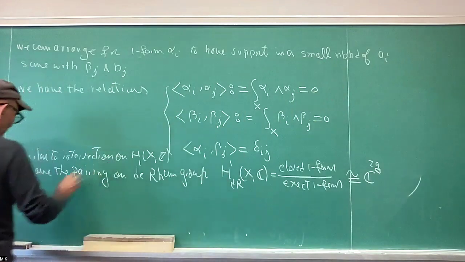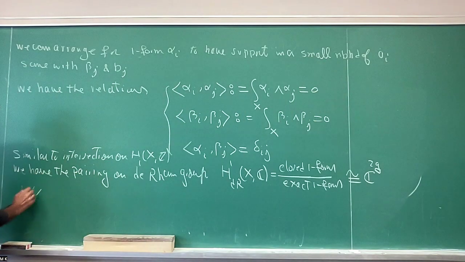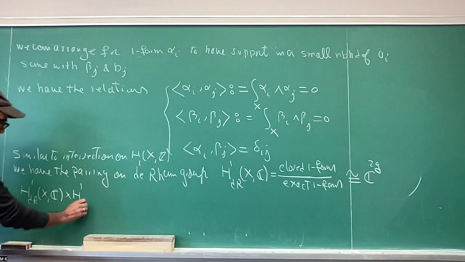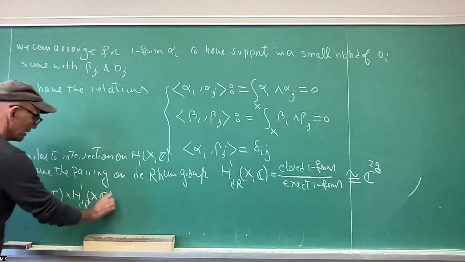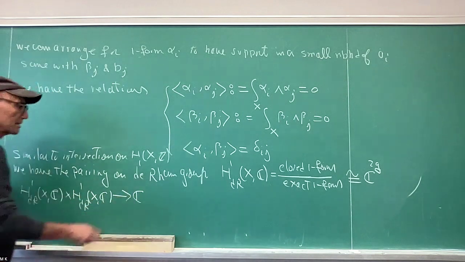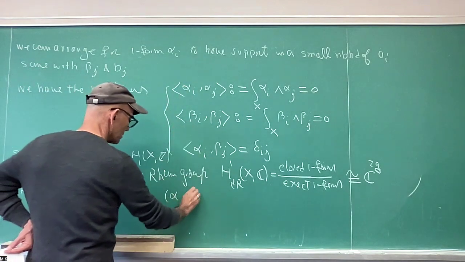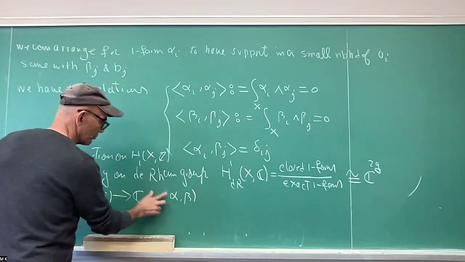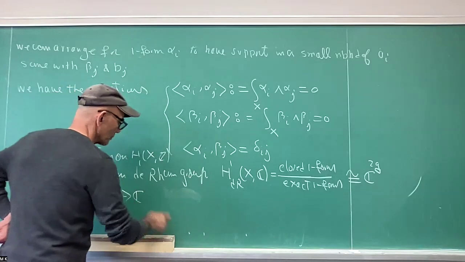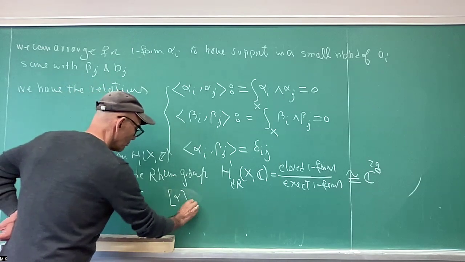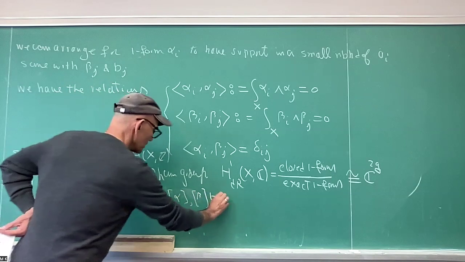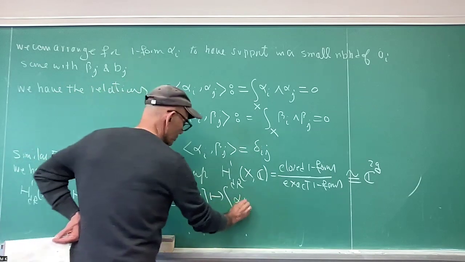So there is this pairing, H1 de Rham of X, C plus H1 de Rham of X, C goes to C. And this is exactly what I just wrote over there, alpha, beta. If you want to be careful, you have to write classes of alpha and beta, but that's fine. This is just integration after you take the wedge product.